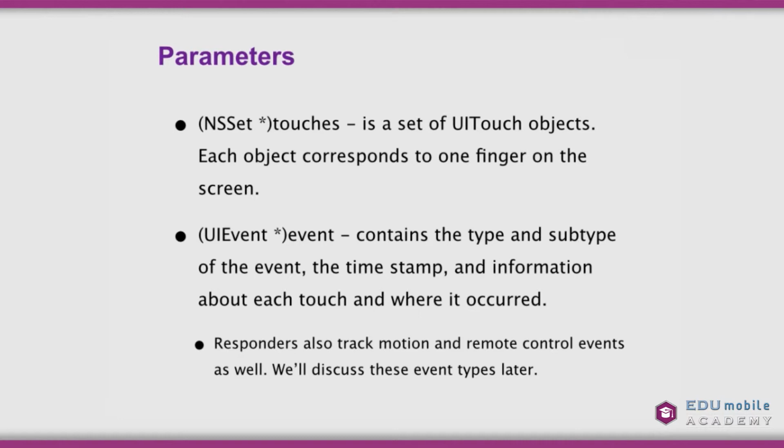Every object in this set corresponds to one finger on the screen. The event object has the type and the subtype of the event, the timestamp at which the event occurred, and more information about every touch and where it occurred. Responders also track motion and remote control events as well. We'll discuss those event types later. For now, when we're dealing with touch, the type and subtype will refer to touch type events.